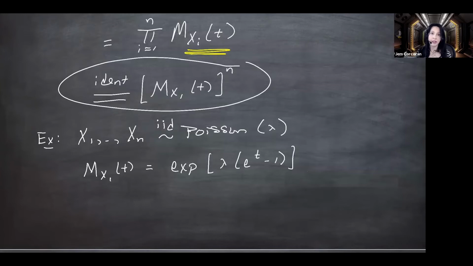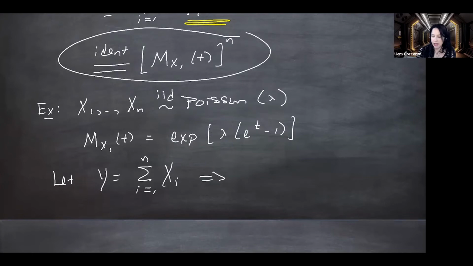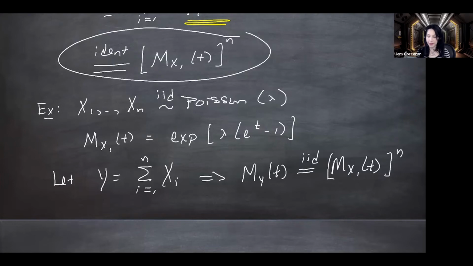And now I want to look at the distribution of the sum. So if I let Y be the sum as i goes from 1 to n of the Xi, then the moment generating function for Y, because these guys are IID, is the moment generating function for one of them to the nth power. And that is going to be e to all of this stuff to the nth power.